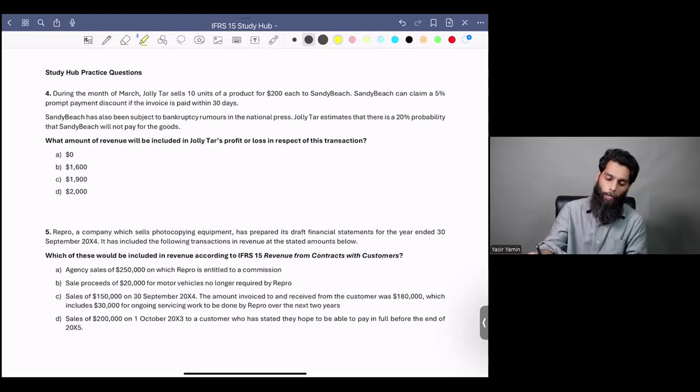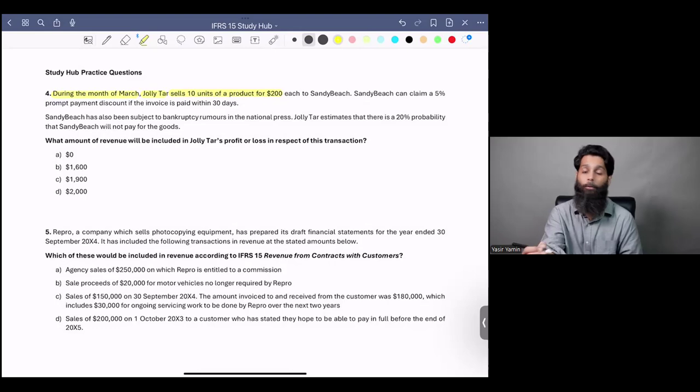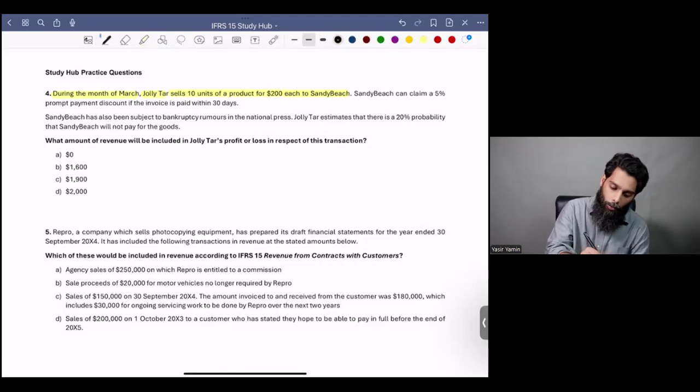Question number 4. It says during the month of March, Jolly Tar sells 10 units of a product for $200 each to Sandy Beach. So there is a company called Jolly Tar and they are selling to Sandy Beach. They sold 10 units of a product for $200 each.